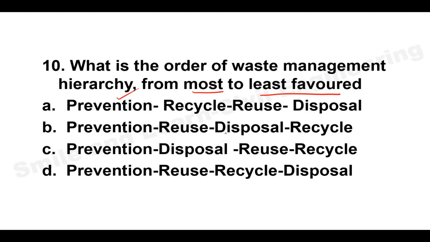Then we will try to reuse, then we will try to recycle, and last, which we most importantly don't want to do, is disposal, because tons and tons of waste are generated in our country and in the world, and disposal of such waste is a great hazard to the environment. So this method we actually don't want. Option D is the correct answer.